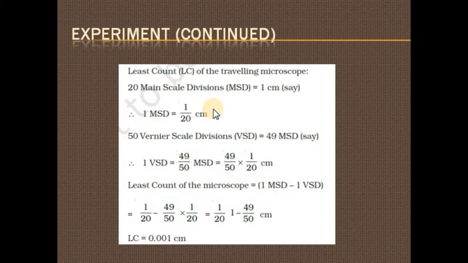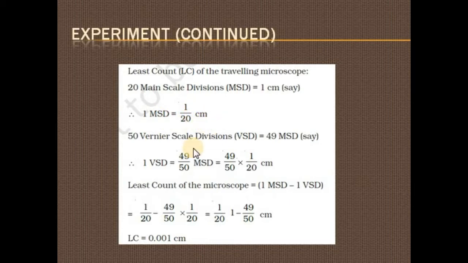First you have to figure out how many main scale divisions are equal to 1 centimeter. From this you can easily find out one main scale division. For example, if 20 main scale divisions are equal to 1 centimeter, then one main scale division will be 1 by 20 centimeter.